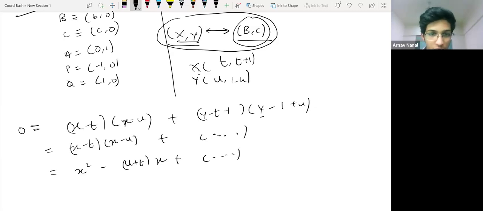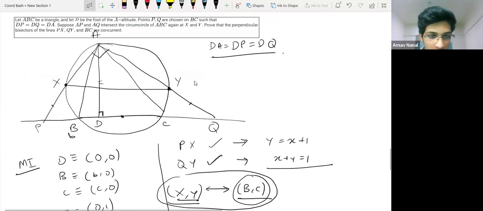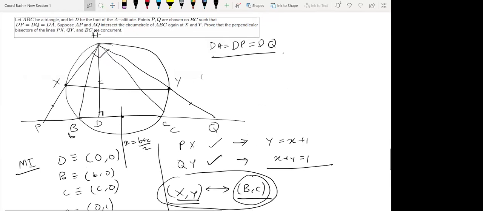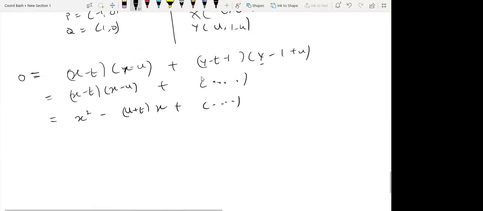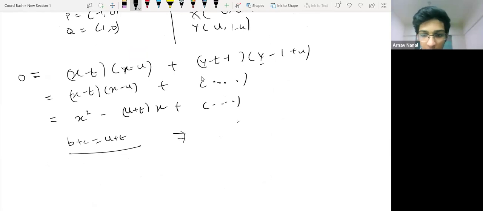Now if you observe carefully, if these are B and C, we only care about the perpendicular bisector, and this has the equation x equal to B plus C by 2. So we just need the sum, which means the coefficient of x. So we know that B plus C equals u plus t. So the required perpendicular bisector of BC is x equal to u plus t by 2.